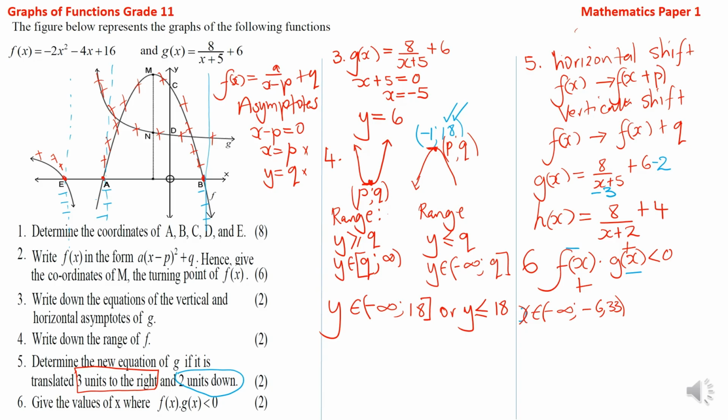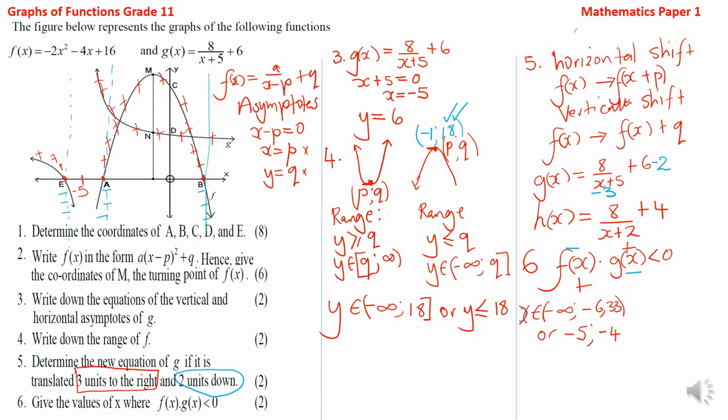Remember, there is a line of asymptote between E and A, which we calculated here to be x is equal to minus 5. So from minus 5 to point A, the graphs are not the same. The coordinates of point A have been calculated.